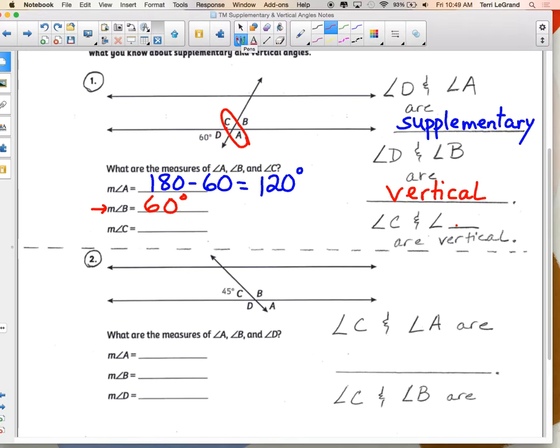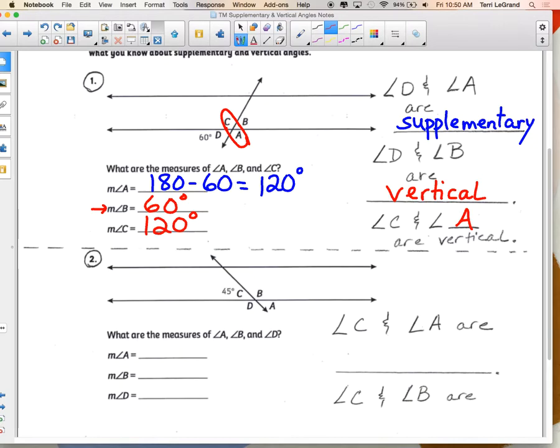Yeah. Angle A. So angle C and angle A are vertical. Well, then what would be the measure of angle C? 120 degrees. Do we have to do a subtraction problem? No. We know that the measure of angle A is 120 degrees. If they have a vertical angle relationship, we get to say they're equal to each other.